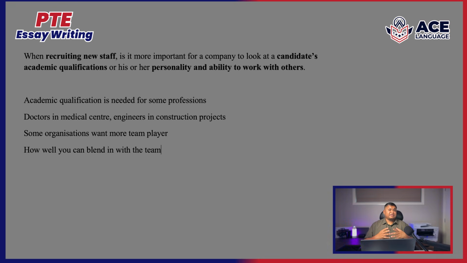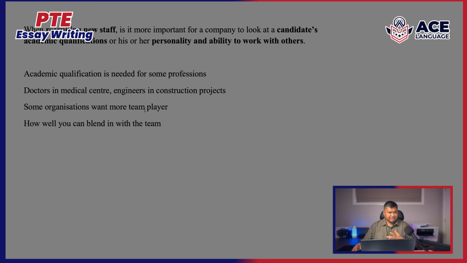Obviously, when I'm going to write, I will write in a more academic and more elaborative way, right? Next up is, now that I have my plan, so I've decided in one paragraph I'm going to write about why I should recruit new staff based on candidates' academic qualification, and in another paragraph I'm going to write about why I should hire or recruit new staff based on their personality and ability to work.